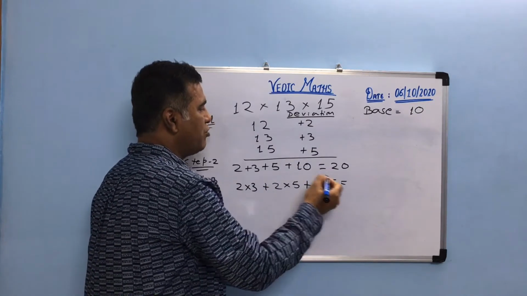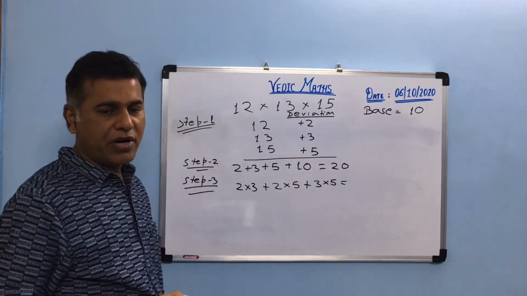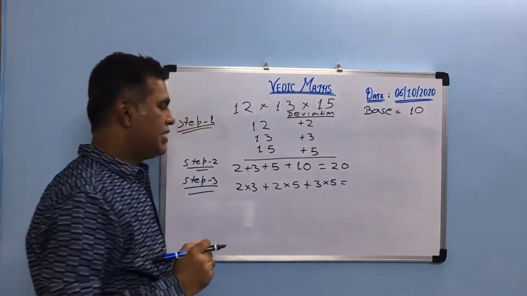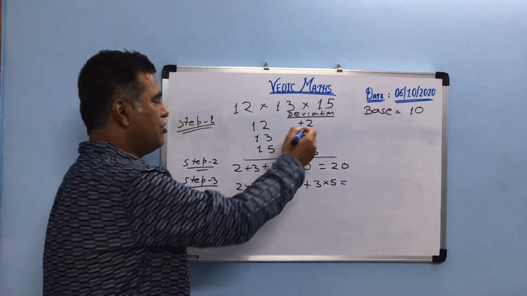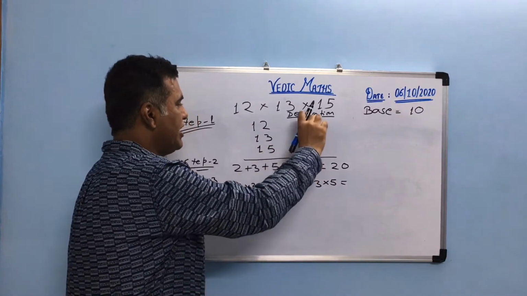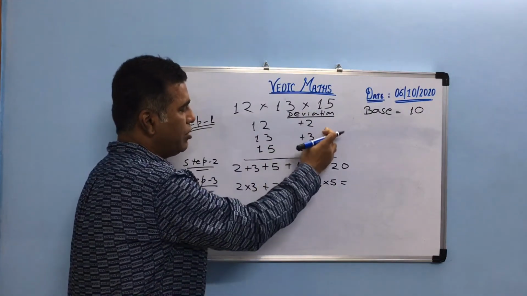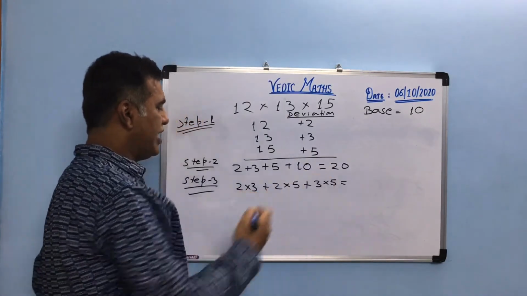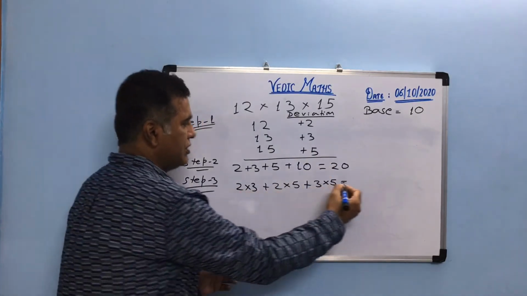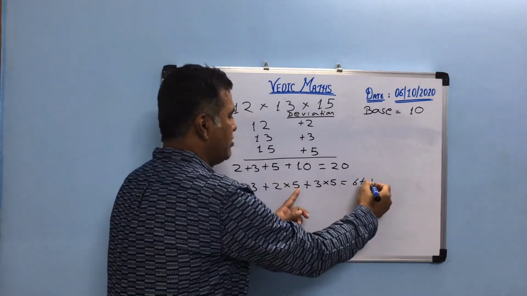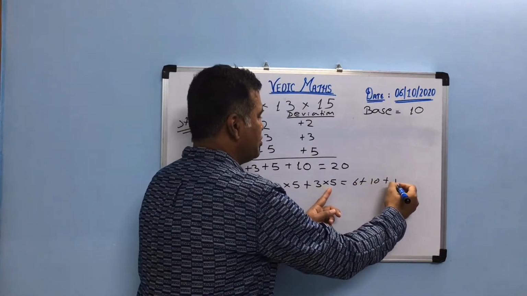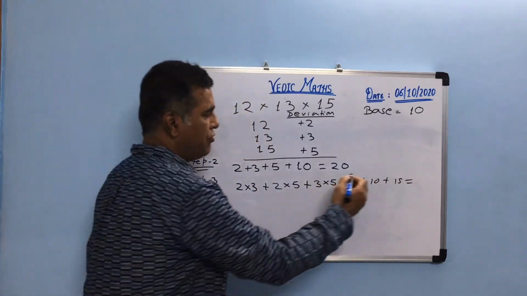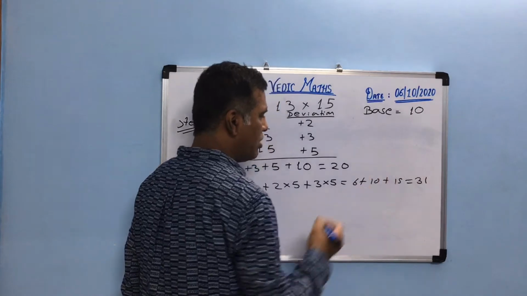The meaning is that we have to take the sum of the products of two numbers at a time of their differences. The differences are 2, 3, 5. So I will take the product of 2 and 3, then the product of 2 and 5, then the product of 3 and 5, and take their sum. So 2 into 3 is 6, plus 2 into 5 that is 10, 3 into 5 is 15. So 15 plus 10 is 25, 25 plus 6 is 31.